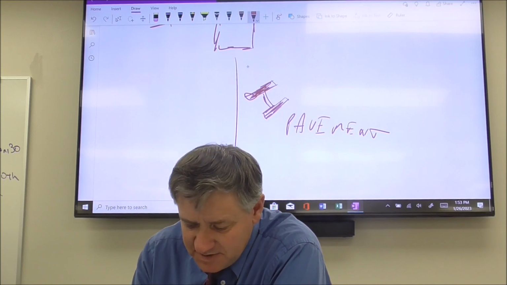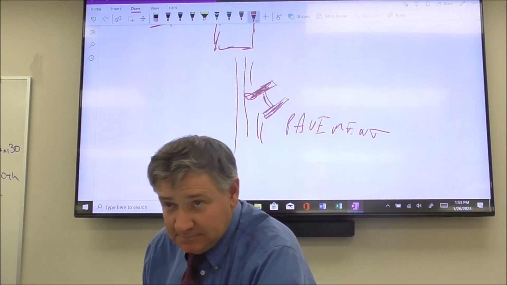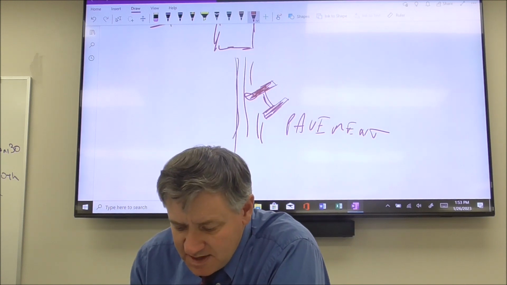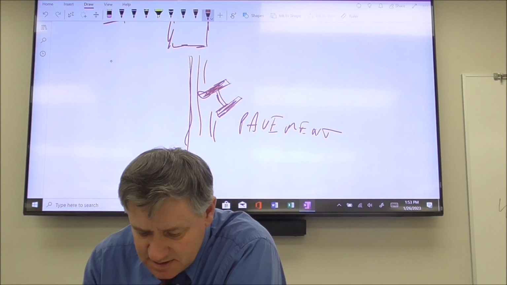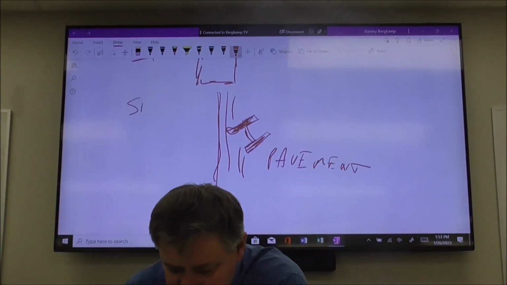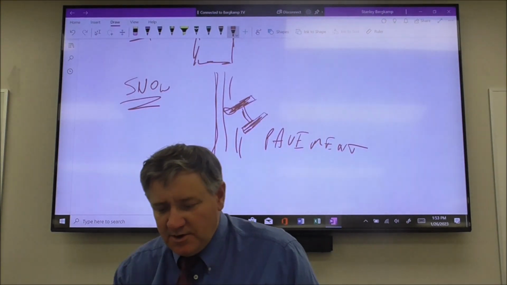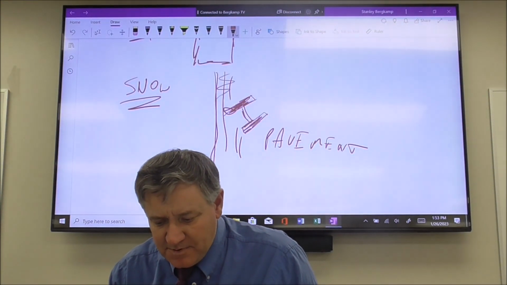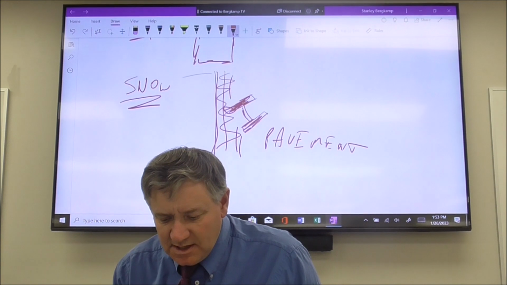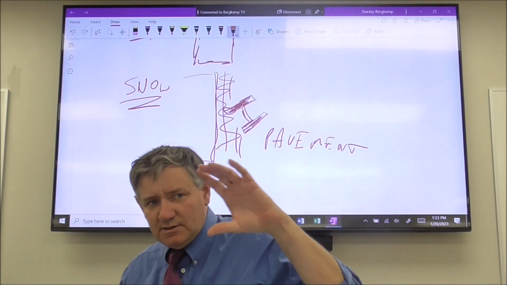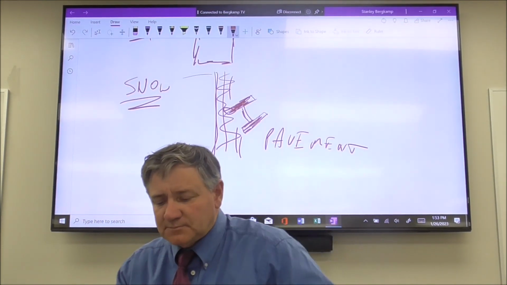So imagine this is dry pavement. Now, this right here is deep snow. So you're here like this, on dry pavement. As soon as you get into this region, you're in like a foot of snow.